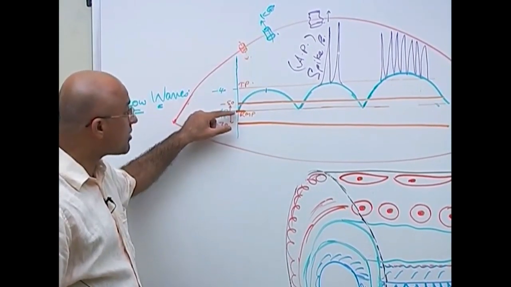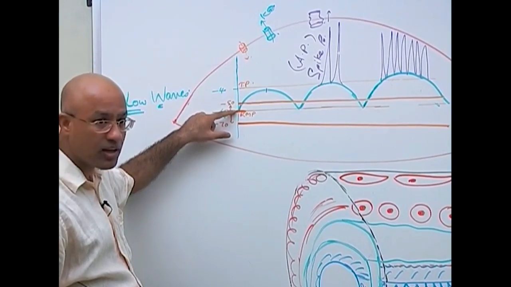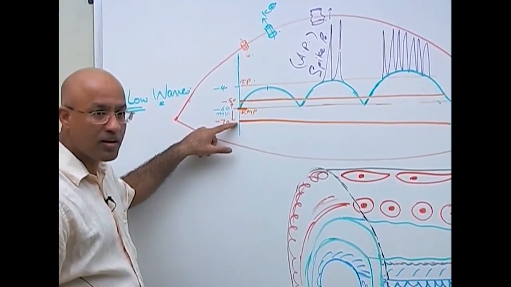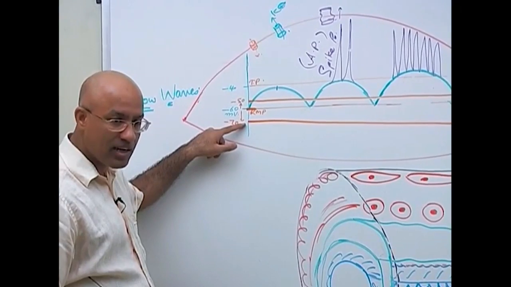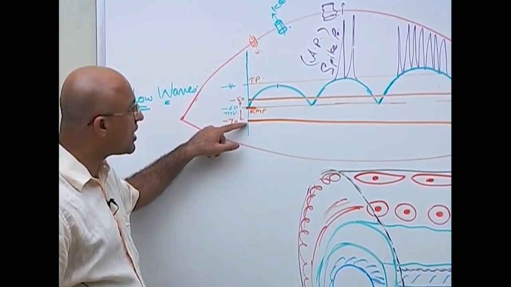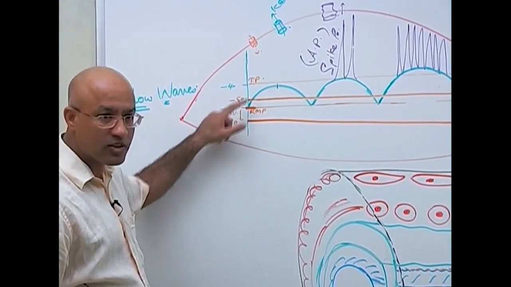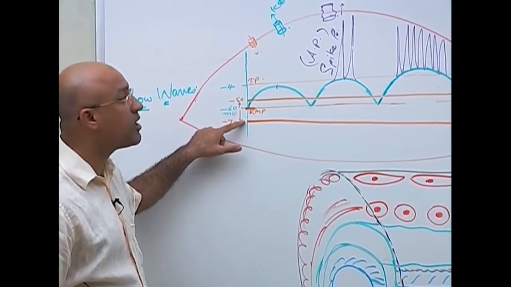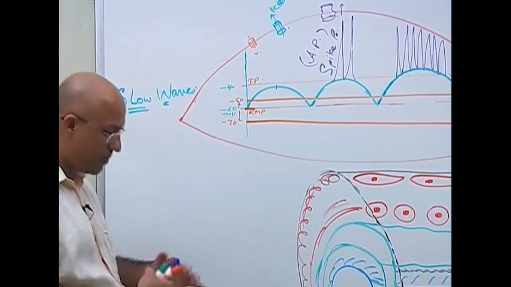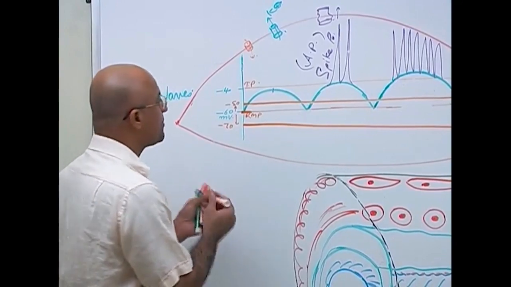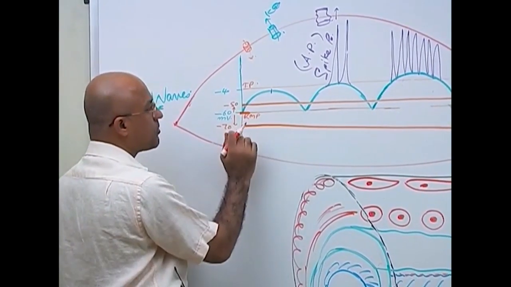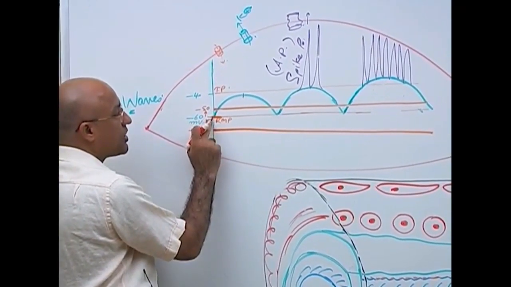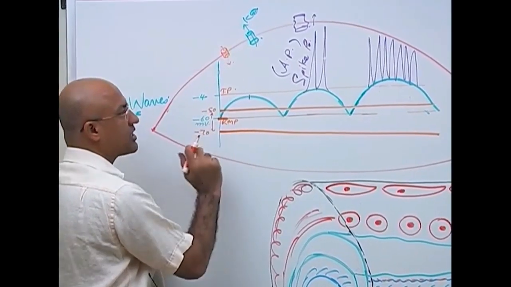But if some factor takes the resting membrane potential persistently more negative, so they are taking the resting membrane potential away from the threshold, then the excitability of smooth muscle will be reduced. How? Let's suppose the resting membrane potential is moved from -60 to -50, what will happen?